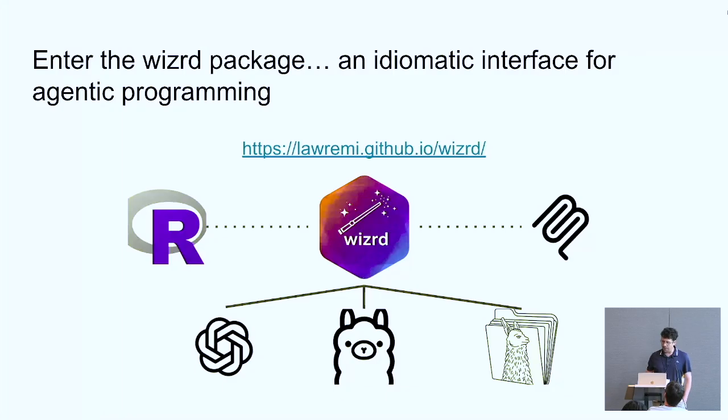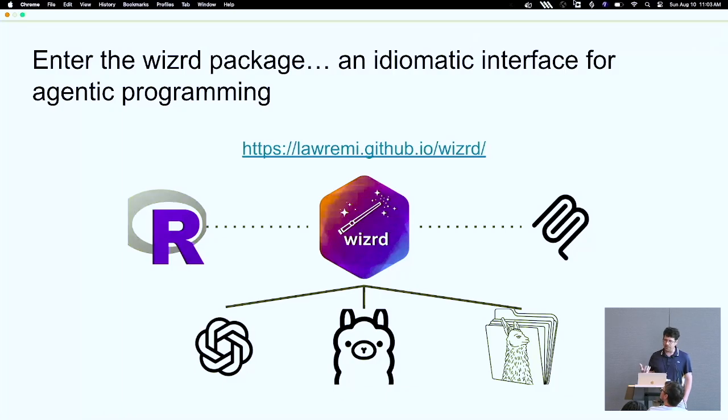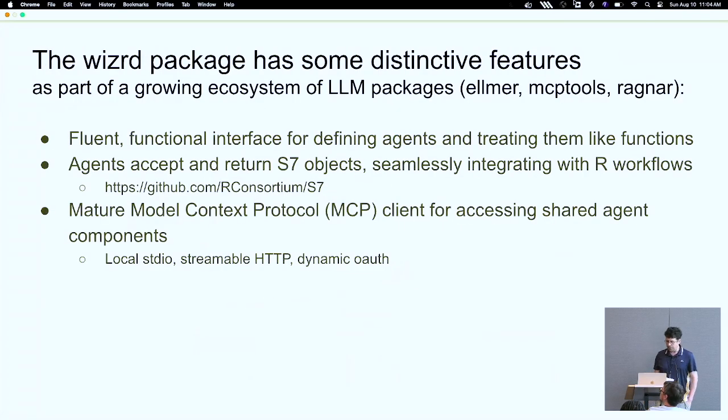This thing on the right here is the MCP, the Model Context Protocol. It's a centralized way to provide tools to these agents, and so I'm trying to bring all that together for somebody programming with R. Some distinctive features of the wizrd package.